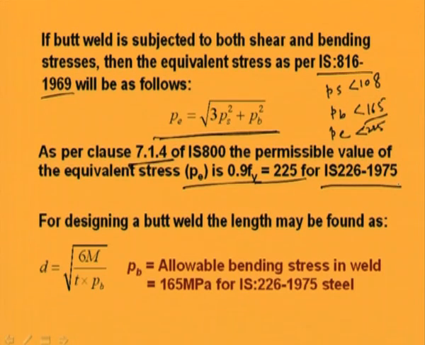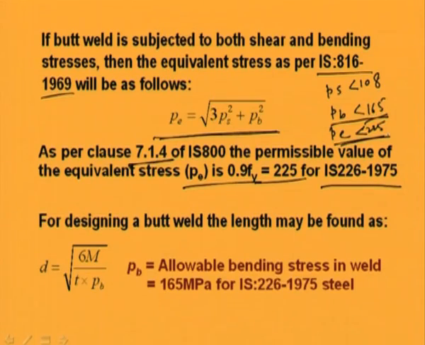So, what I told that first is the direct shear stress, it should not be more than 108, where 108 is the permissible shear stress, and the bending stress for the butt weld it is 165 MPa. So, bending stress should not be exceeding 165.